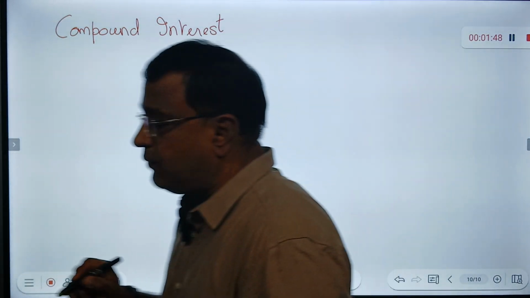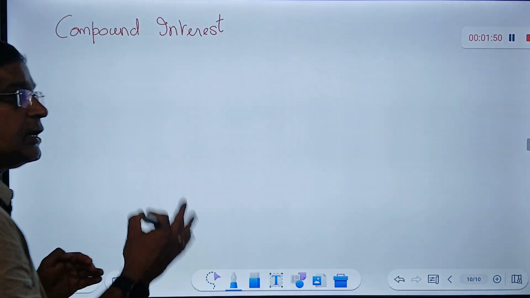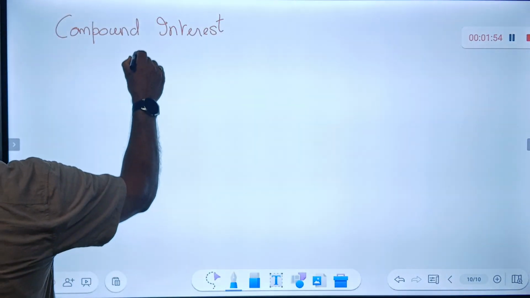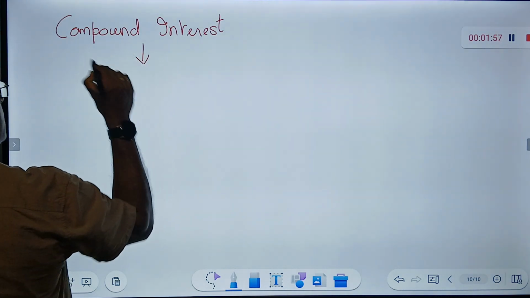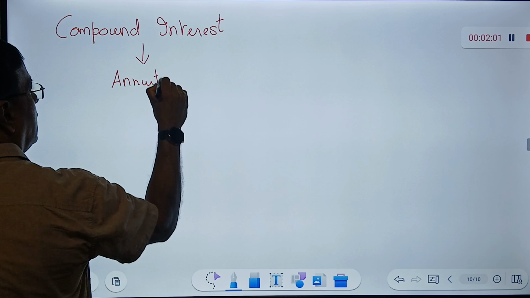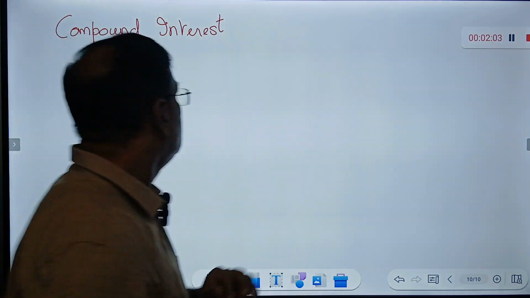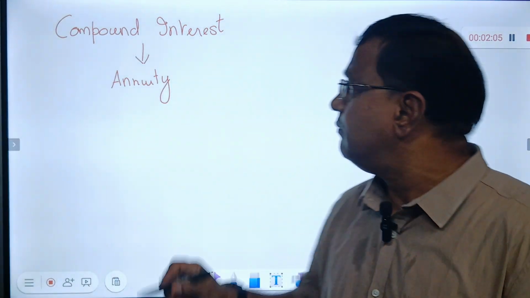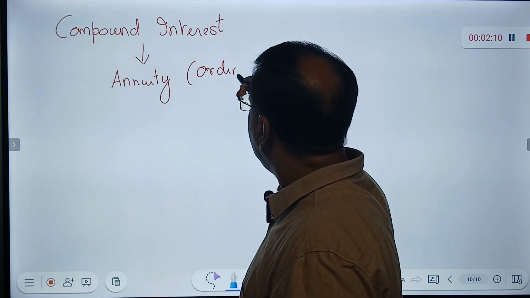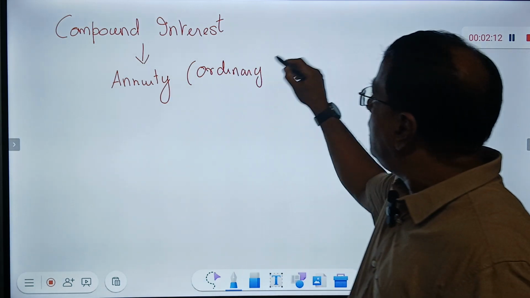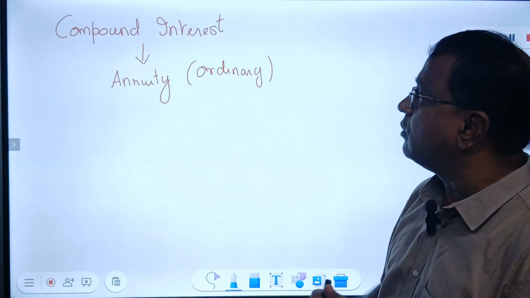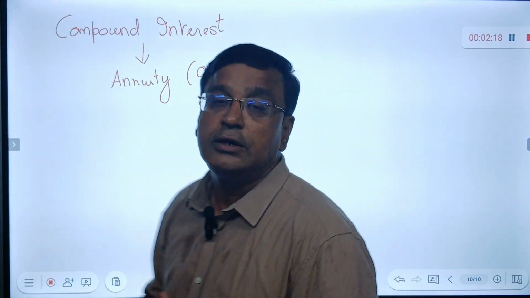Now, from compound interest, under various conditions and various applications, you get annuity, where you have ordinary annuity and annuity due. There are different types of annuity that we can talk about later, which you have discussed in class 11th.